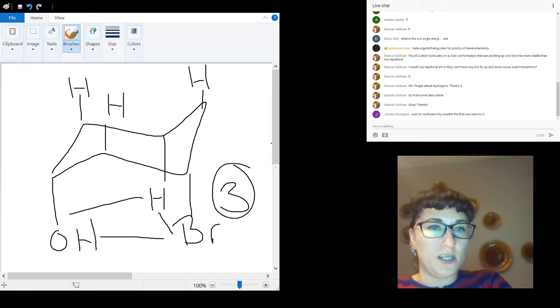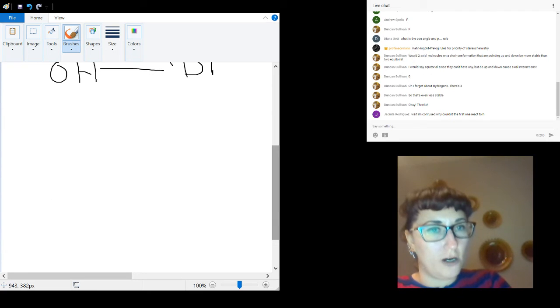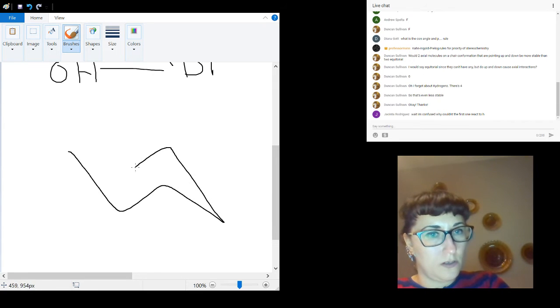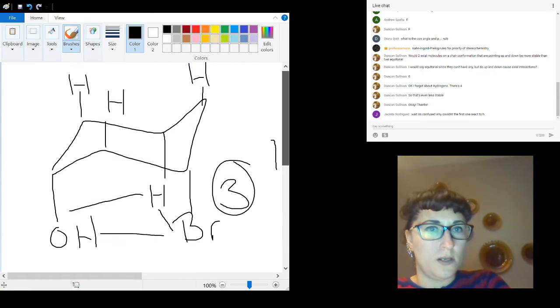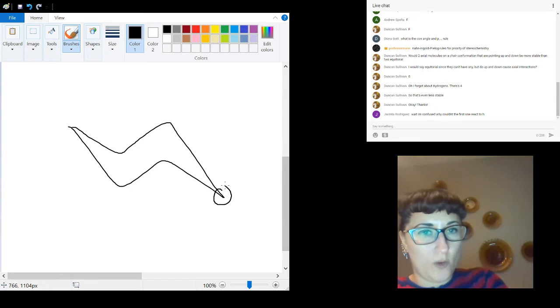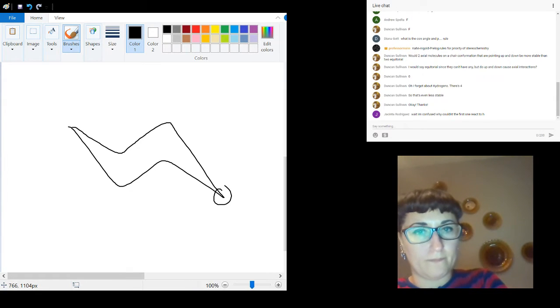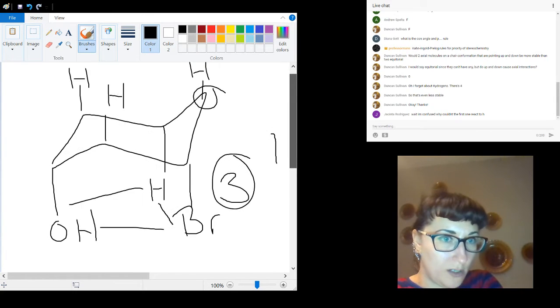Now, if we switched that chair conformation to the other chair, where now this point here is this point down there, then I would have a bromine and then an OH.